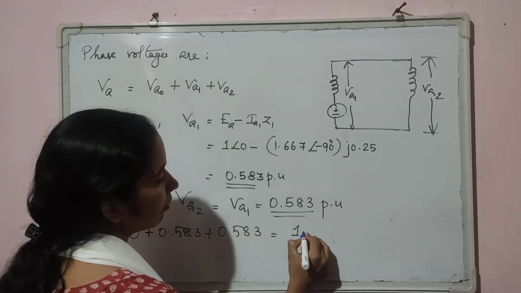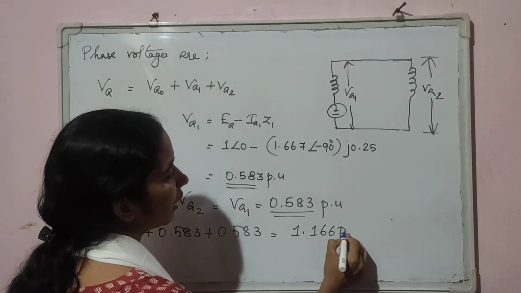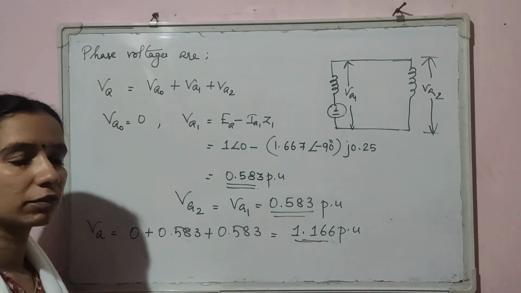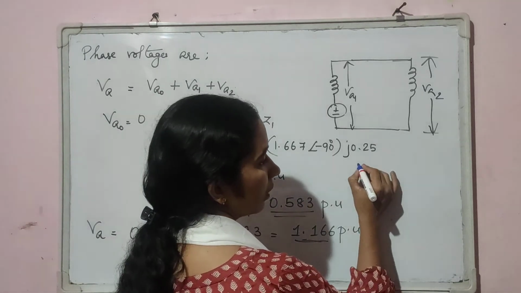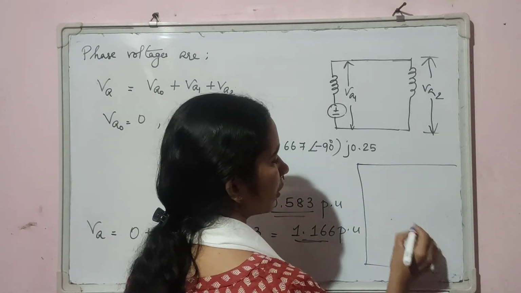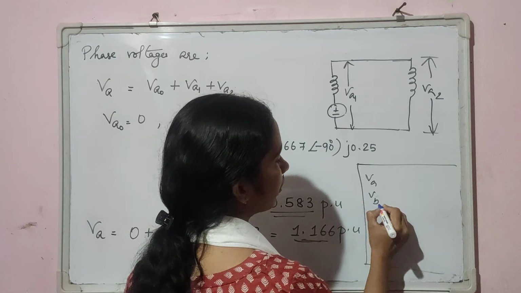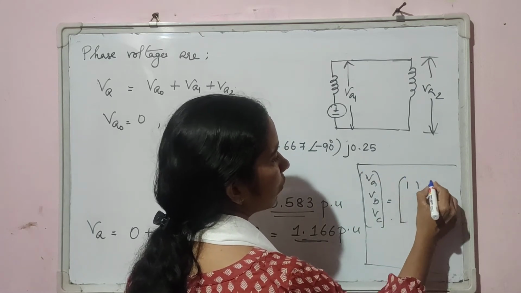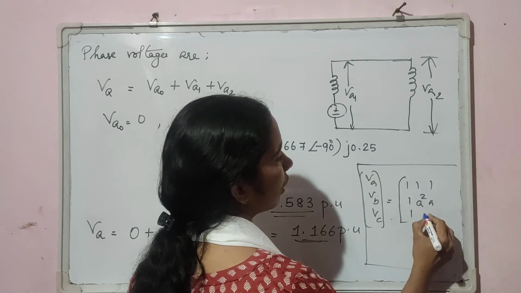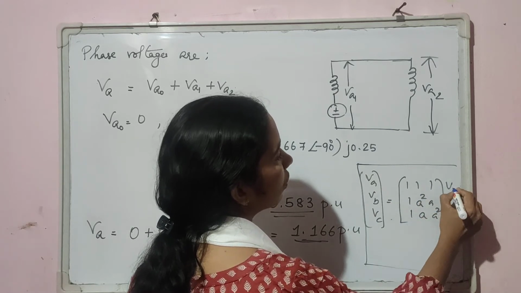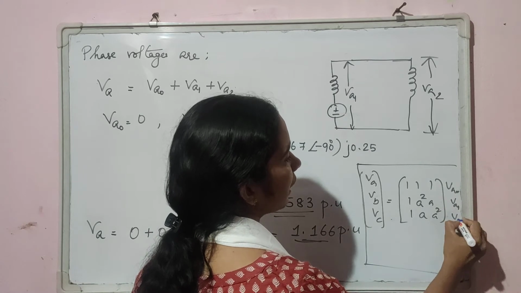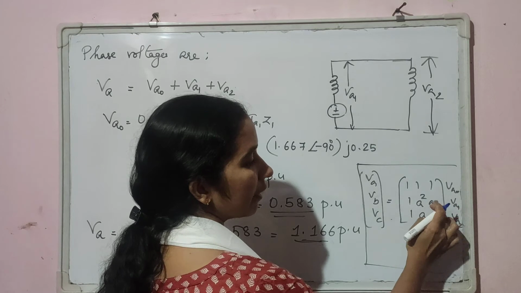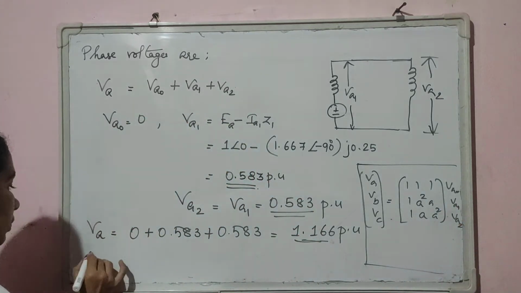So the answer will be 1.166 per unit. This is VA. Now VB. We can take VB from the matrix equation, that is VA, VB, VC is equal to the matrix 1, 1, 1; 1, a square, a; 1, a, a square into VA0, VA1, VA2. So we have VB as VA0 plus a square VA1 plus a into VA2.